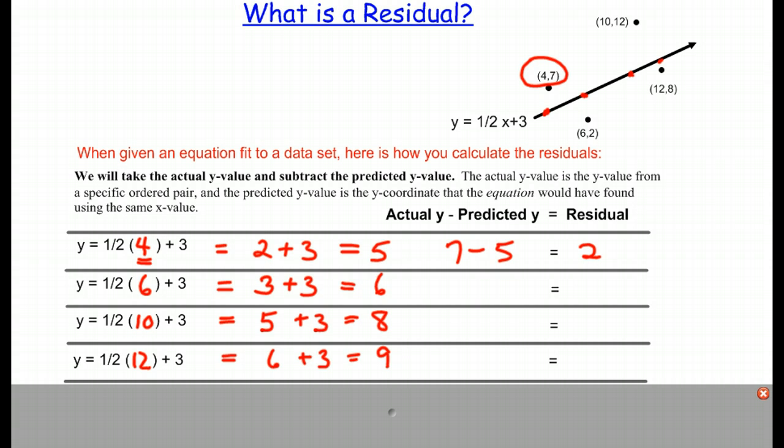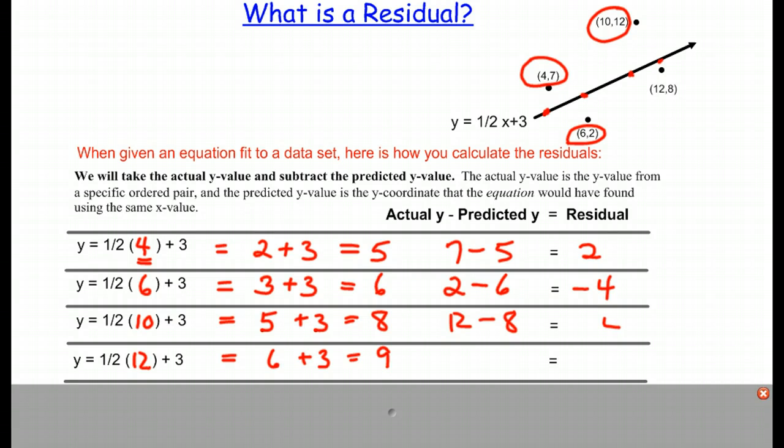And now the same thing for this point right here. The actual y is 2, and it would have predicted a 6. So there's my -4 for the residual. For the next one, for this point right here, the actual y value is 12, but the line would have predicted a height of 8.